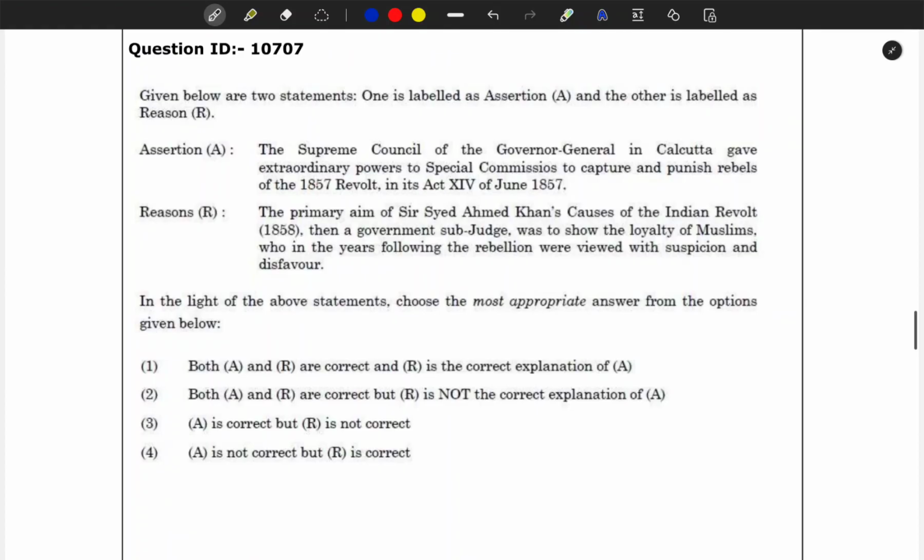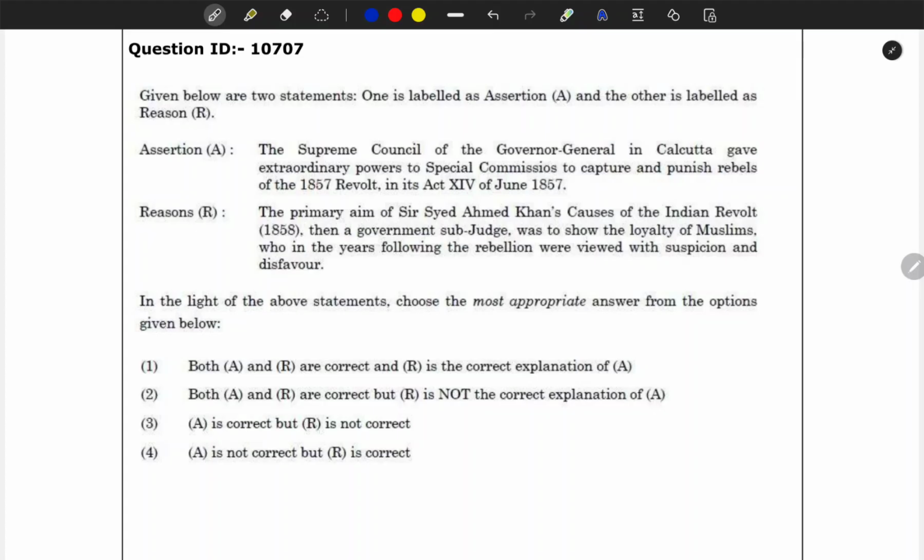Next question is again, see, here again you have to think about that. The Supreme Council of the Governor General in Calcutta gave extraordinary powers to special commissions to capture and punish rebels of 1857, in its Act of 14th June 1857.